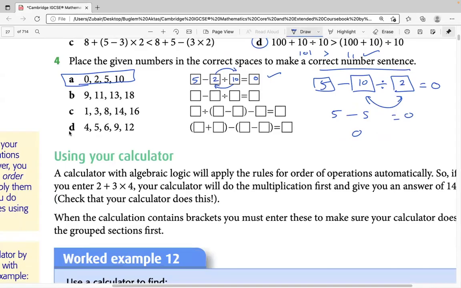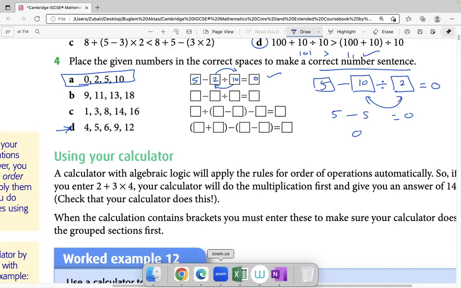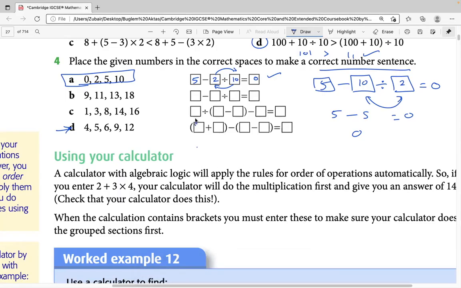Okay, let's try one more for today. D part. 4, 5, 6, 9, 12. 4 plus 5, and then subtracted by 12 minus 9.